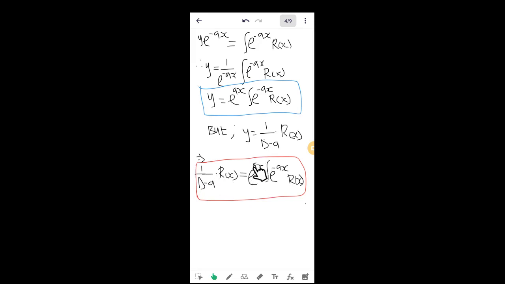But remember, the one outside the integral will become positive, and the one inside the integral will become negative. Okay, so some examples will follow. So this is how we got to know our D operator. Thank you very much.